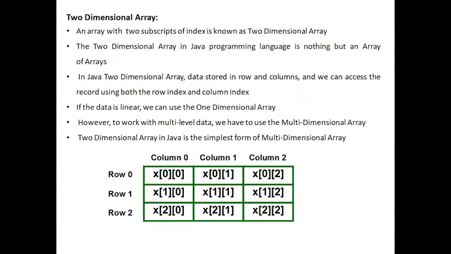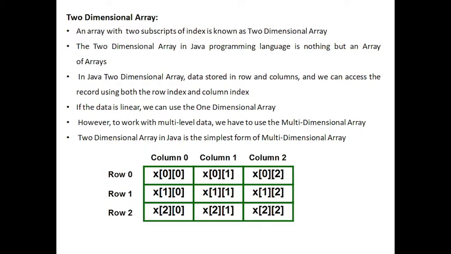In today's class we are going to discuss the two-dimensional array. As we discussed in the previous class, an array with one subscript or index is known as a 1D array. In the same way, an array with two subscripts or indexes is known as a two-dimensional array.